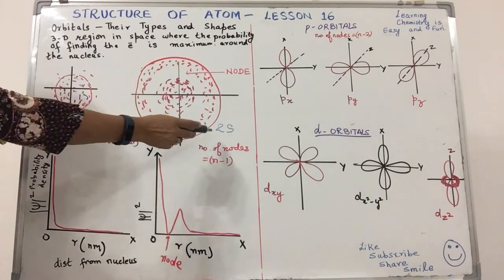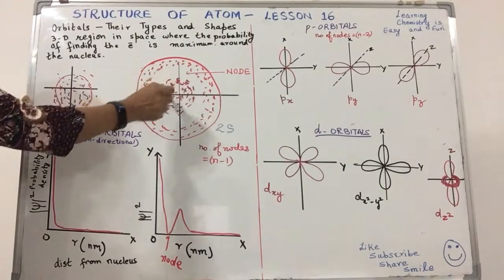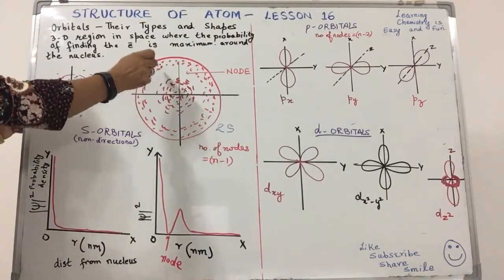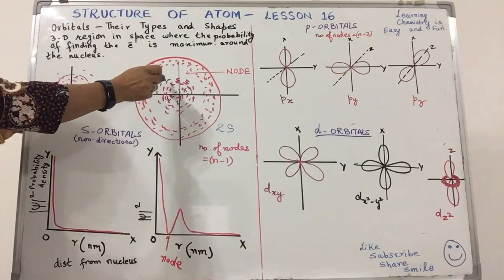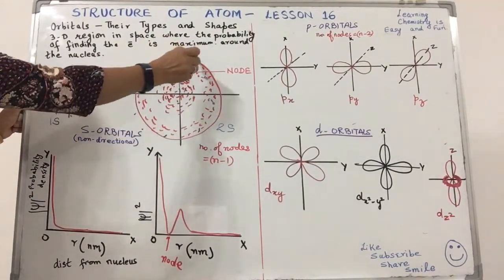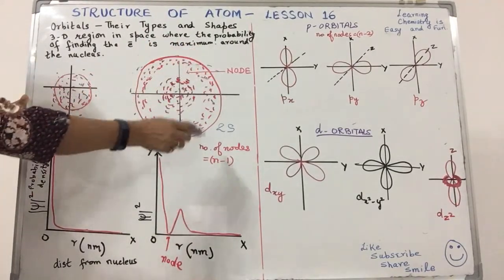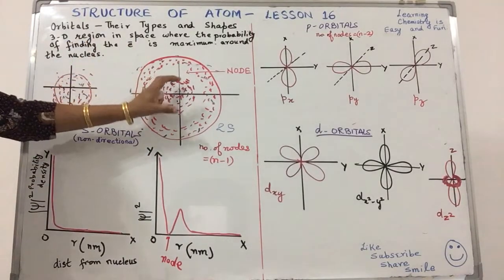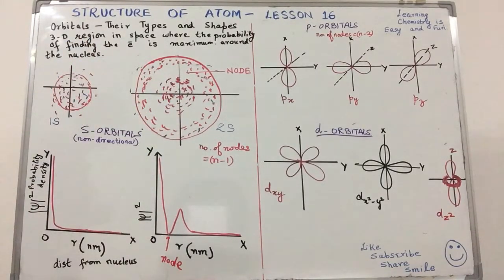Similarly, when you are talking about 2s, anywhere around this, again we notice there's a slight gap, and anywhere, but it is most of the time within this boundary. The size of this sphere becomes bigger, one.